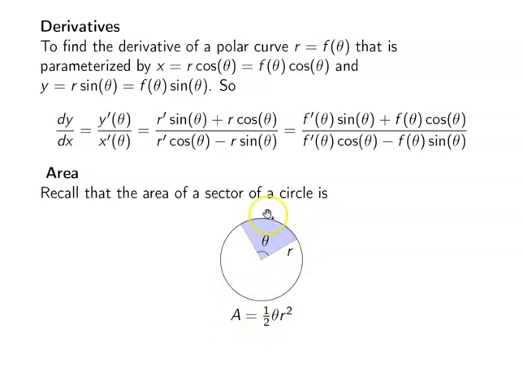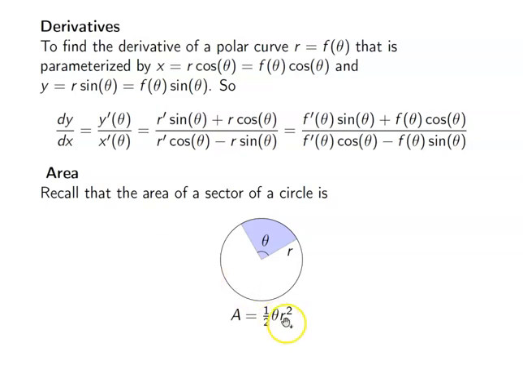So you can always just remember pi r squared is half of 2 pi r squared. So for any area of a sector of a circle, a piece of a circle, you're just going to use the angle that spans the sector you're interested in. So it's half of the angle of interest times the radius squared is your area.